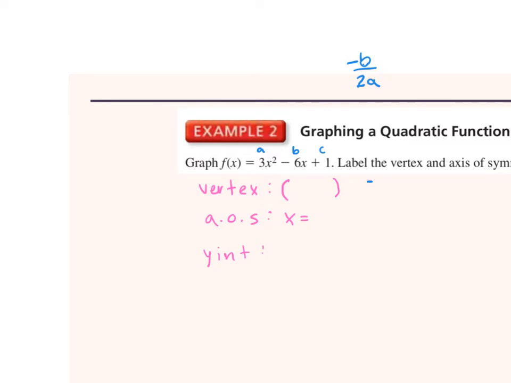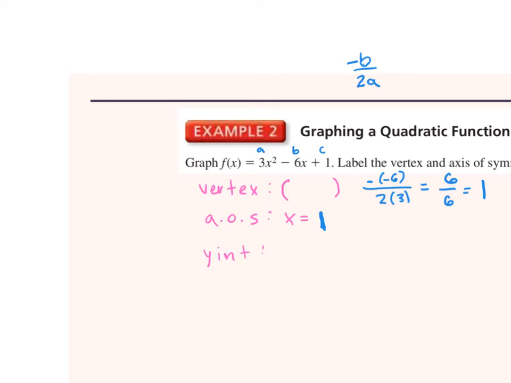So we have negative negative 6 over 2 times a, so 2 times 3. Negative negative 6 becomes positive 6. 2 times 3 is 6. 6 divided by 6 is 1. So our axis of symmetry is going to be x is equal to 1.